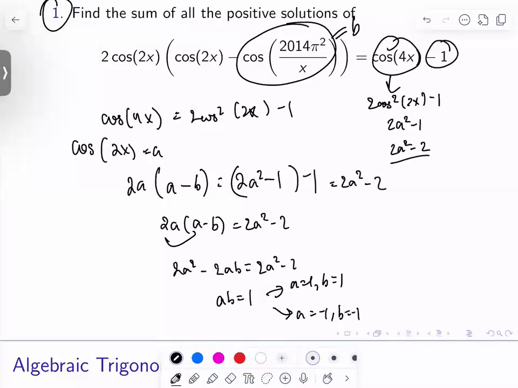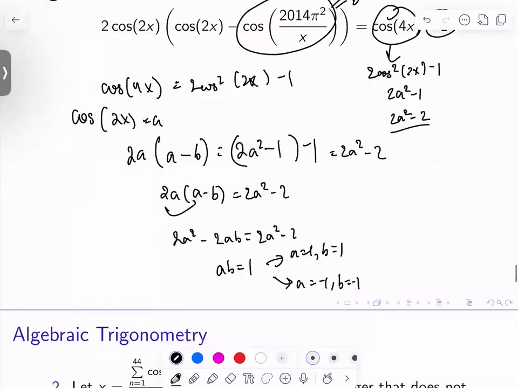If we consider the first case, a is equal to 1 implies that cosine 2x is equal to 1. And that only happens when x is equal to some k pi, and k is some integer.